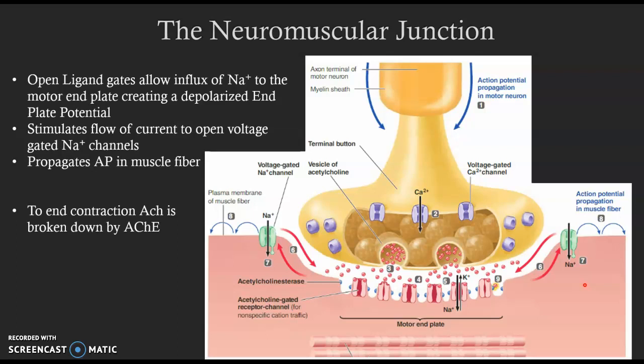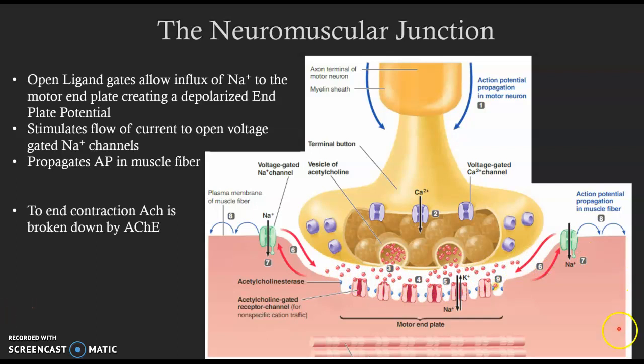Once our muscle has contracted and that nerve impulse stops and the brain is saying stop contracting, then that acetylcholinesterase, which is found here in blue, these little blue spots that are just kind of hanging out there, is going to break down any acetylcholine that is just floating around here in the synapse.